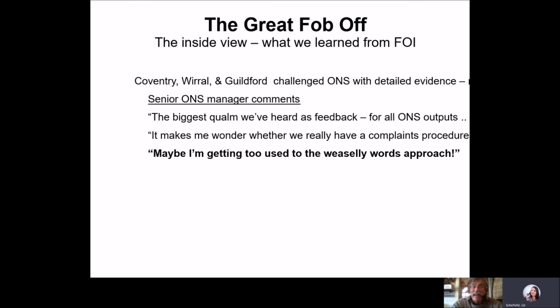But anyway, we started having meetings with them in 2018. Our MPs wrote to them. Andy Street, the mayor of the West Midlands, wrote to them with their concerns. People did the same in Wirral and Guildford, we were aware of, saying, look, you've got these huge population increases, and we don't think it's true for lots of reasons.